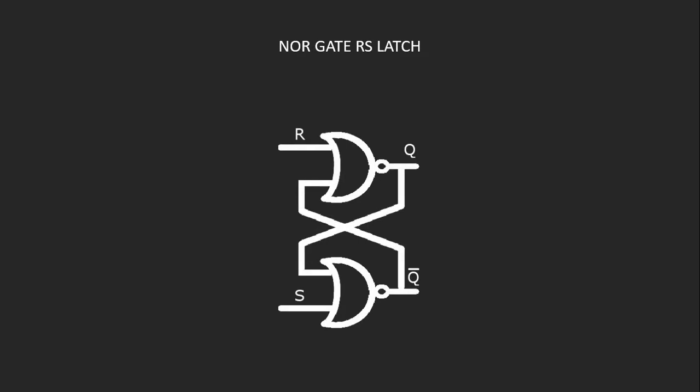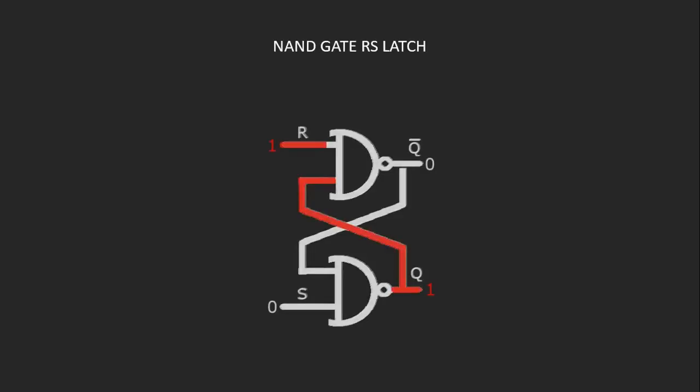To put it in the simplest terms, for a NOR gate SR latch, whenever you send a pulse of 1 to the S terminal, it will always set the output Q to 1. When you send a pulse of 1 to the R terminal, it will always set the output Q to 0, and vice versa for a NAND gate. If you send a 0 to the set terminal, it will set the output Q at 1. If you send a 0 to the reset terminal of a NAND gate SR latch, it will set the output Q to 0. That's really all there is to a latch circuit.